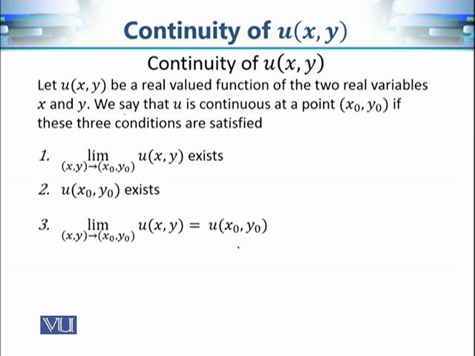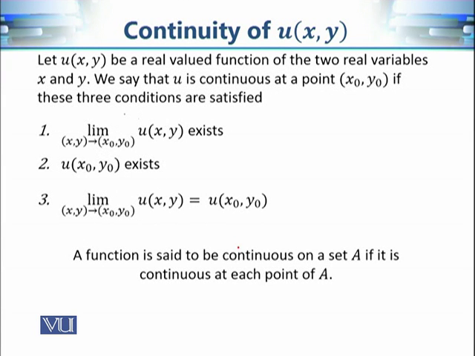If all these three conditions are satisfied, then the function is said to be continuous at the point x0, y0. Once again, we are checking the continuity at a point. And if we want to say that the function is continuous on a set A, it means that the function is continuous at each and every point in the set A.